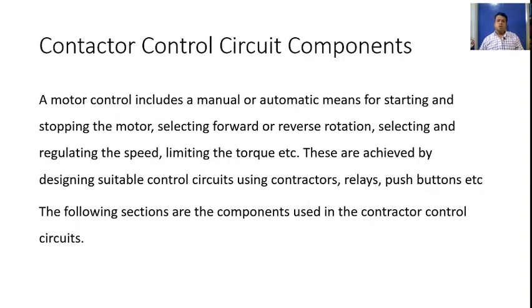So what are contactors? What are relays? We know a few things about these, and we will go into detail about the components used in motor control. The following sections cover the components used in contactor control circuits.